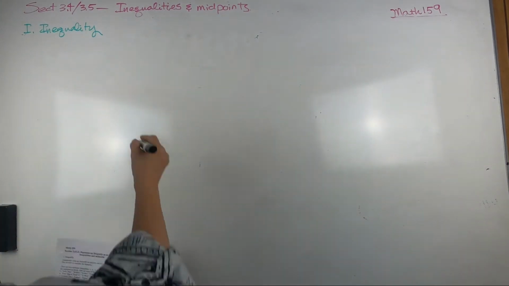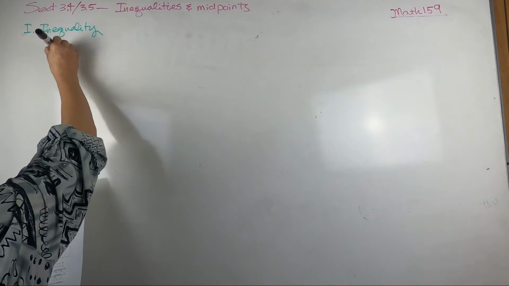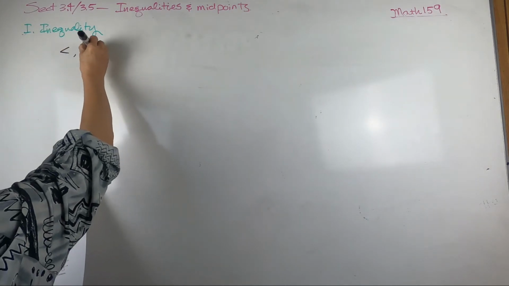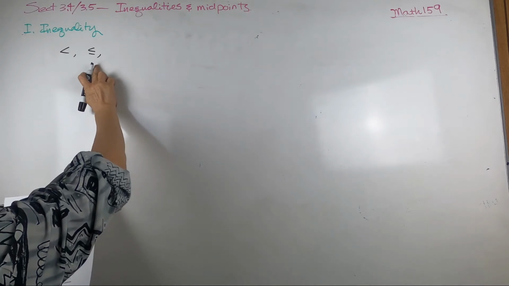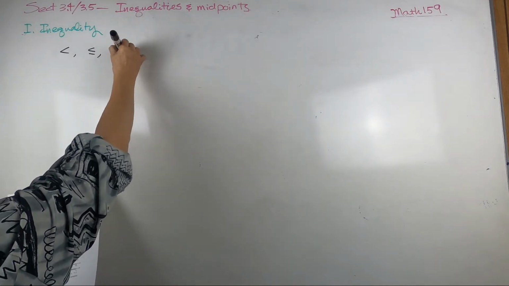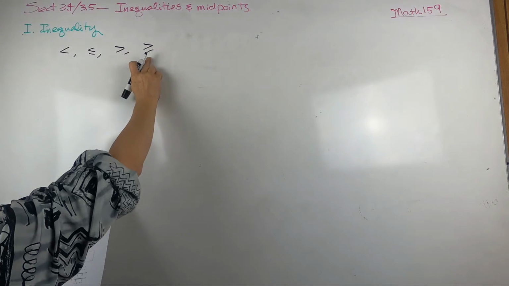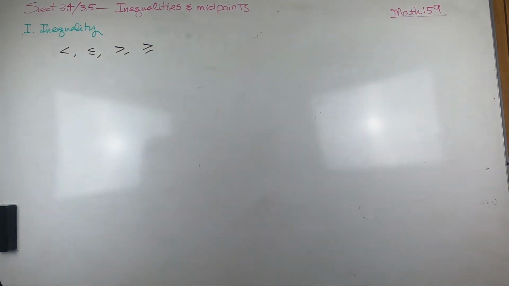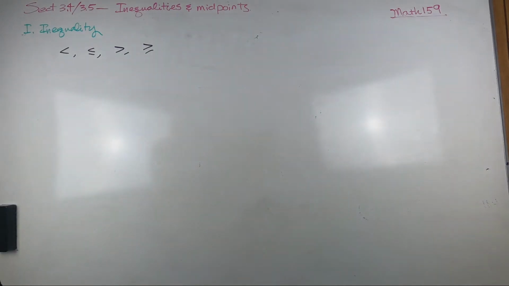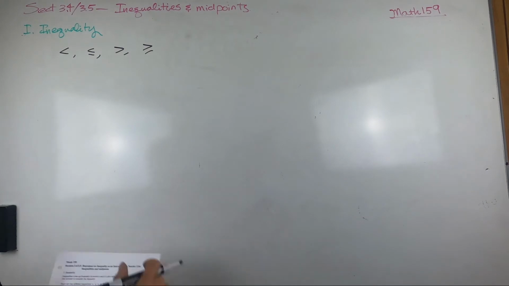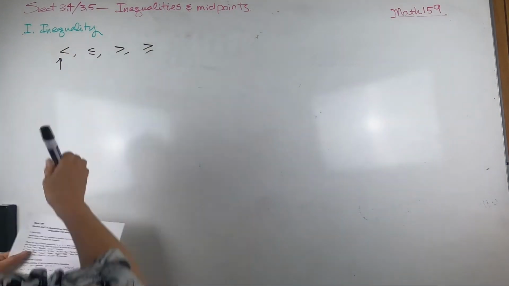So for inequality we have what? This symbol and this symbol: less than or equal to, greater than, and this one is greater than or equal to. We use these four symbols for the inequalities. And less than can be what?